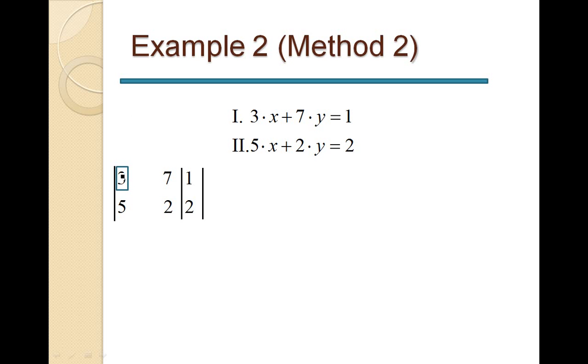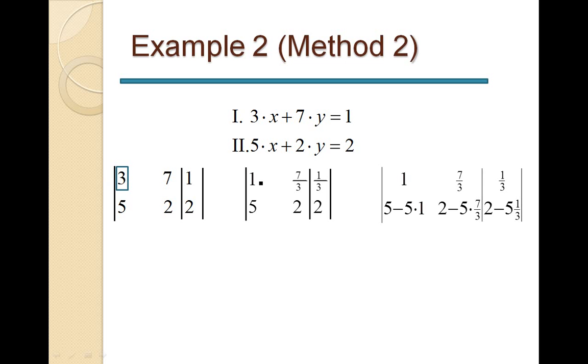Now what do we do next? Remember, this is the pivot, and we have to divide this row by 3. We do this only in the first equation. We get 1, 7 over 3, and 1 over 3, and the second equation didn't change. Now we have to make this spot 0, and we do this by taking a multiple of this row and subtracting it from here.